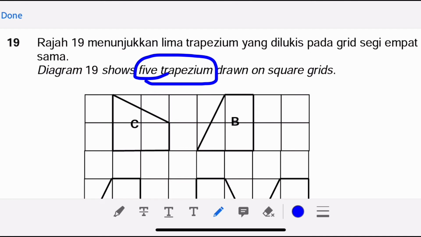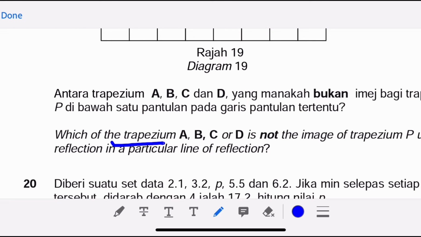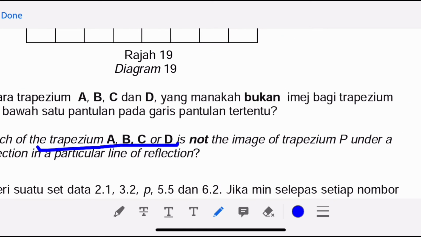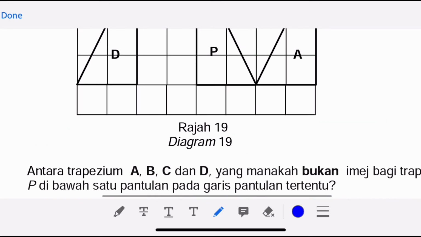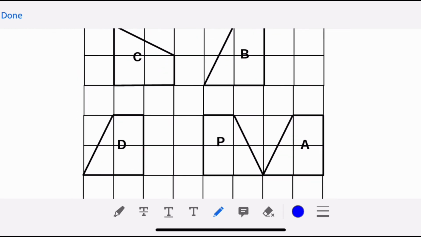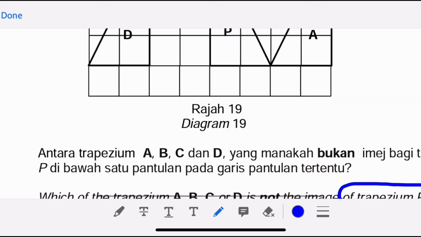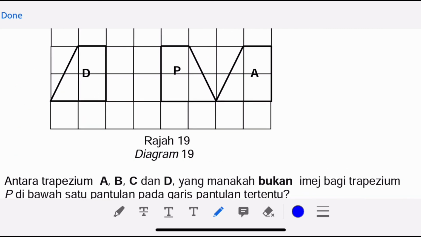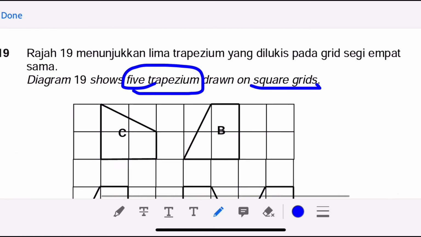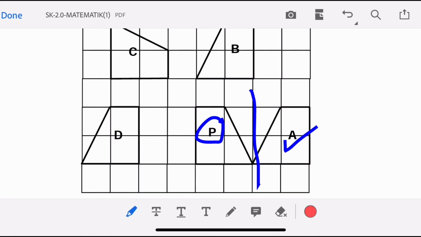Find the trapezium on the square grid. Which trapezium ABCD is not the image of trapezium P under a reflection in a particular line of reflection? So for this one, let's see. We have the object, which is P. So if we reflect here, we'll get A, right? So A is correct.